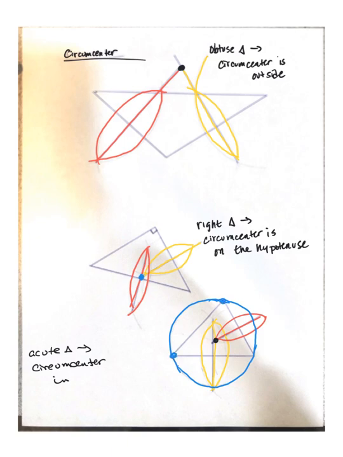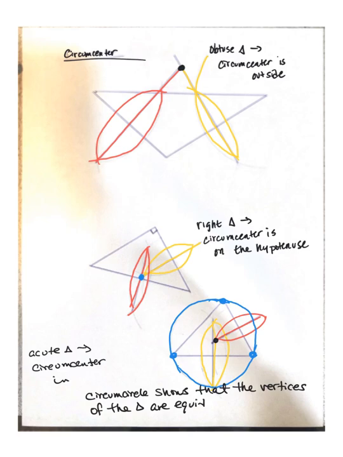If you look at these three vertices, it shows that the three vertices of the triangle are equidistant from the center. This will happen in each type of triangle, it doesn't matter which type of triangle you have. Whereas in the incircle, it was the sides.